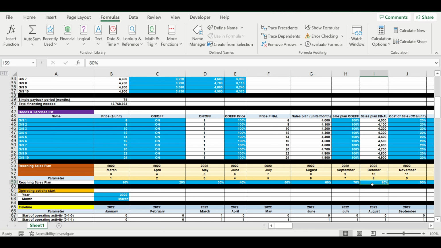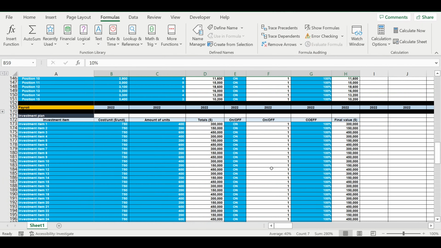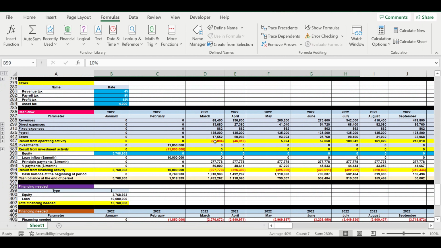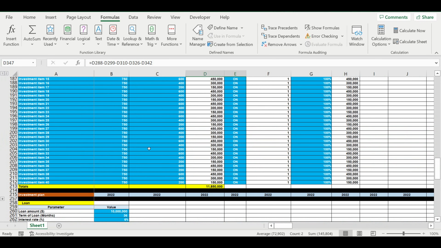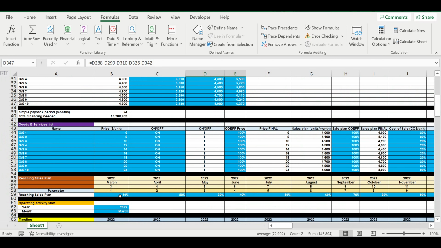Inside the cash flows, playing with this algorithm, we will be able to see the potential operating loss inside the cash flow statement. This will be additional financing needed from your pocket or from the bank, so you can play with the speed of reaching the break-even point and see the difference in the amount of financing you need to start this business.